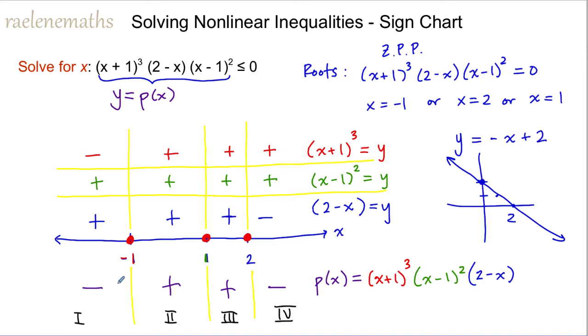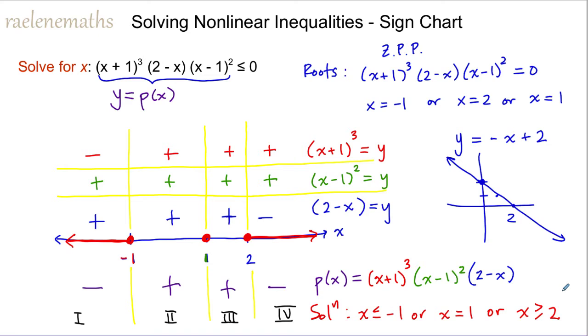I also want my x values from region 1 or from region 4 because they make a product or a result of negative p of x values. And so here we can see that the solution, the set of x values that satisfy the inequality, will be x less than or equal to negative 1, or x equal to 1, or x greater than or equal to 2.